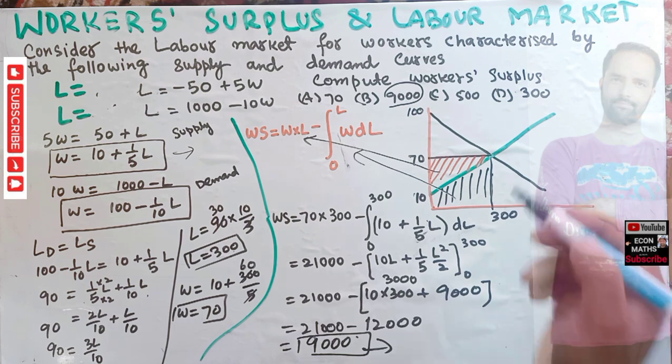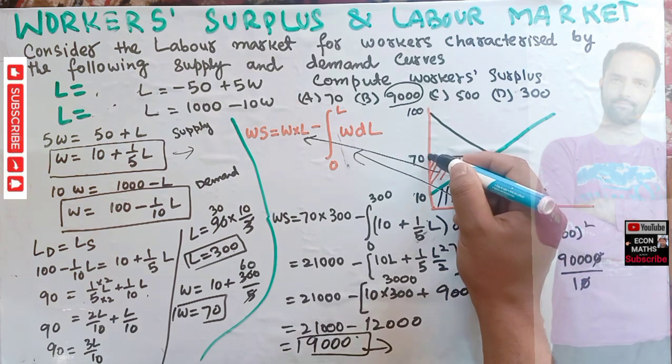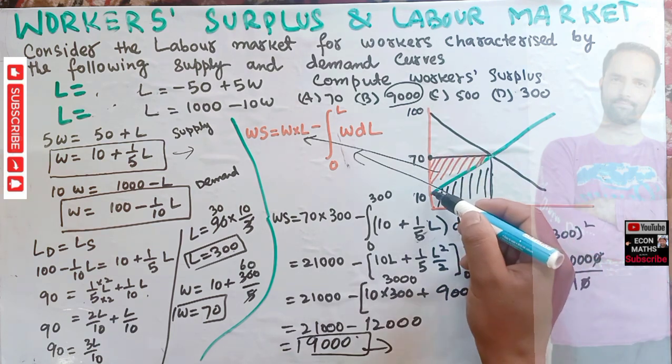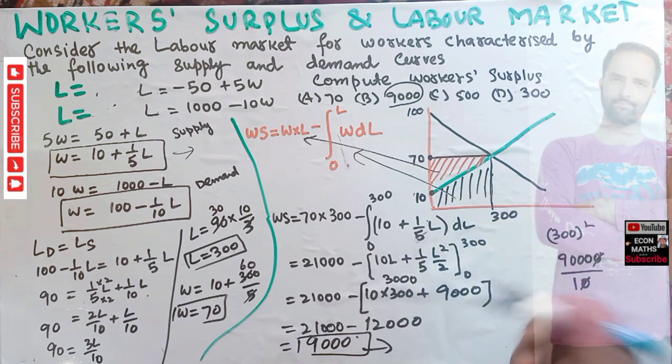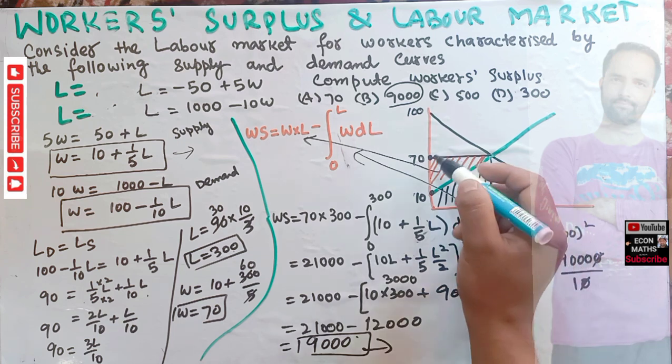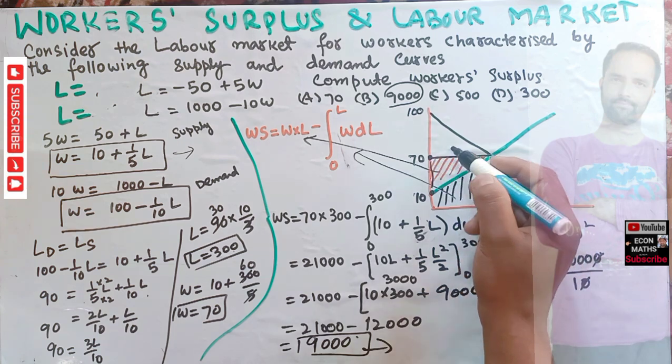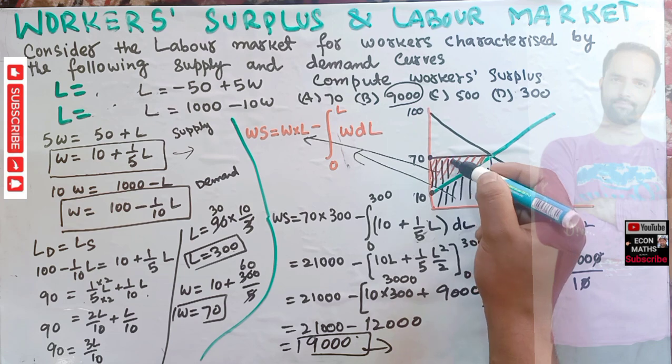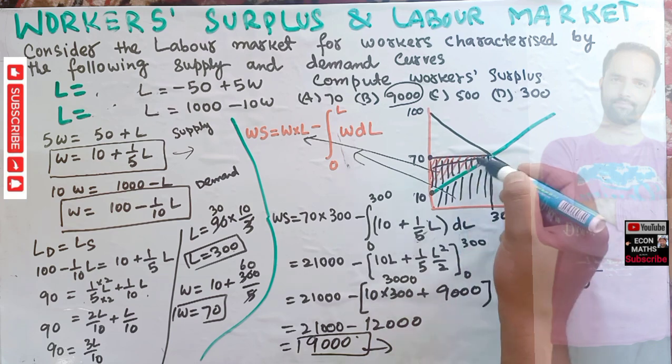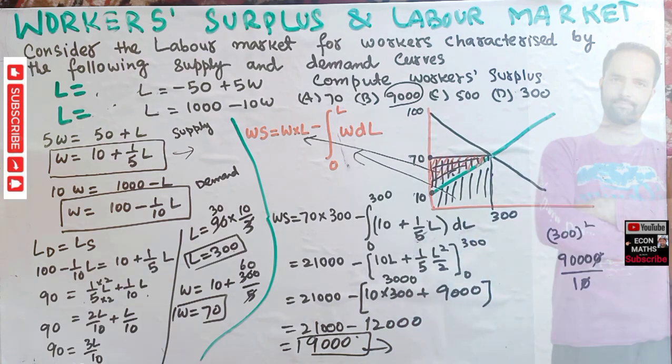So if a market is offering 70 as the wage rate, and a person is willing to work for 10, then the difference between these two gives us the worker surplus. So the area of this triangle. And how do we calculate this area? Let me write it here.